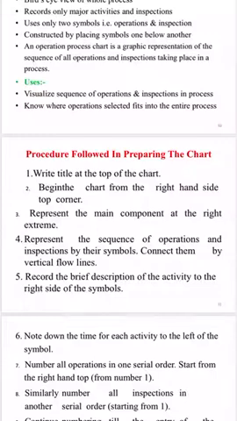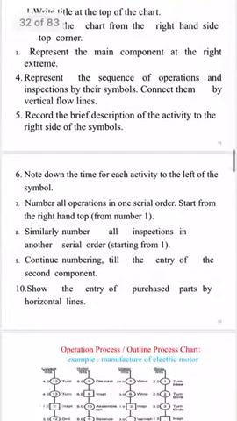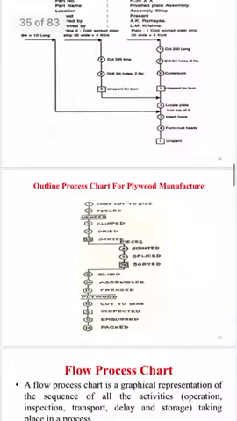We need to put all the symbols related to inspection activities, and one by one we construct this process chart. In this way we can construct the operation process chart. So this is about your operation process chart.